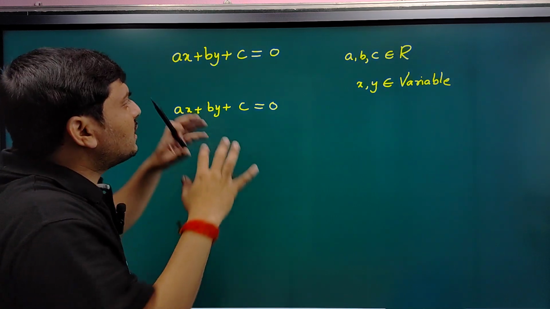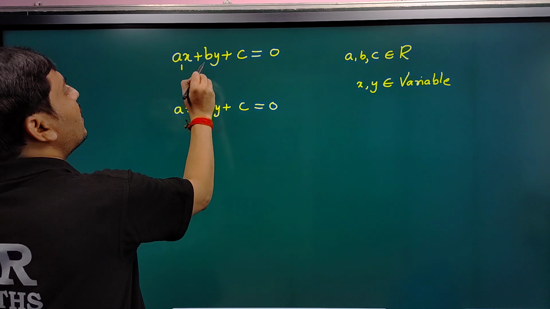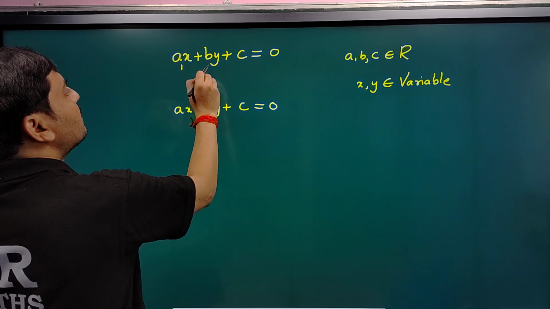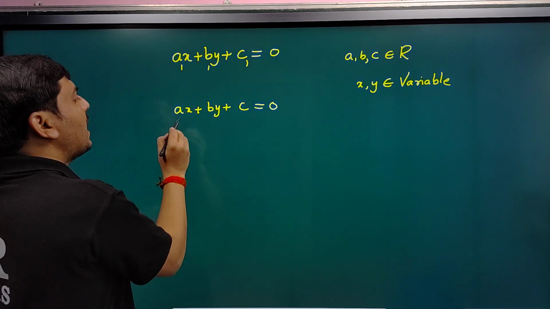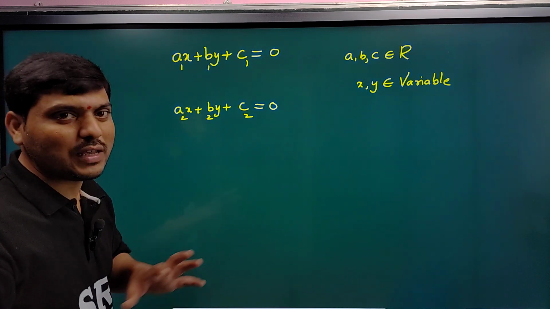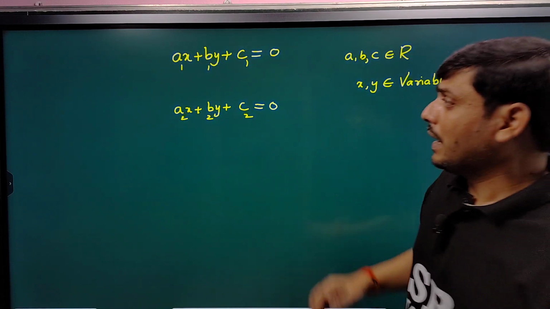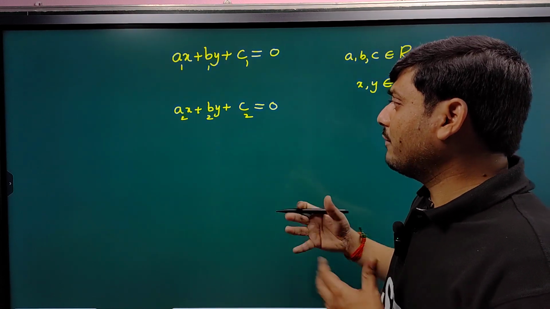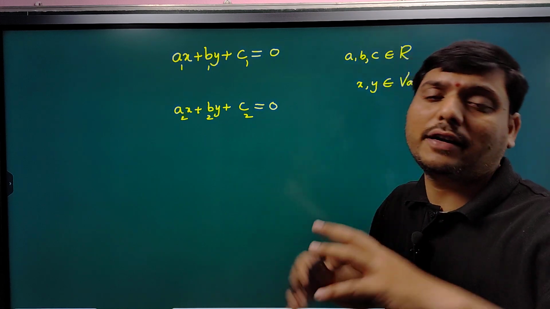So I represent these two equations differently. For the first, the x coefficient is a1, the y coefficient is b1, and the constant is c1. The other equation I am taking has a2, b2, c2. Now these two equations are different. For example, a1 and a2, b1 and b2, c1 and c2 are different numbers.